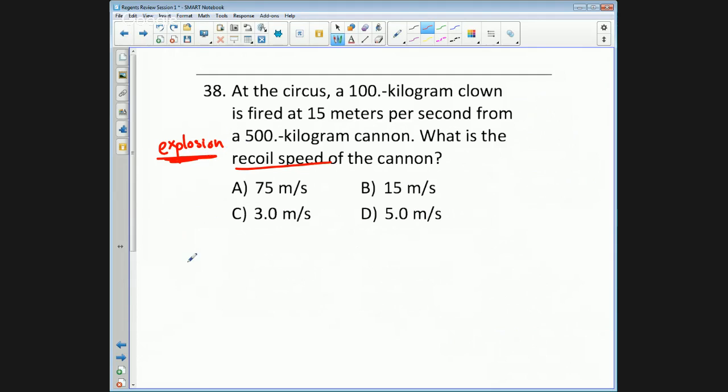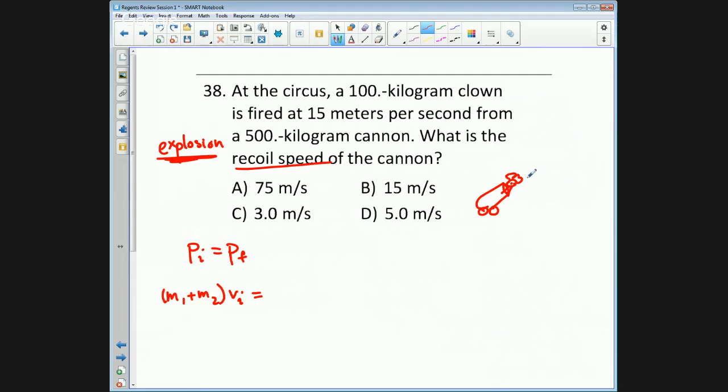This one is an explosion, so it's the opposite of an inelastic collision. If we're talking about the momentum before equals the momentum after, you have the initial, where both masses are together. So m1 plus m2 are together, and they have some initial speed, and then they split off. If you drew a picture, this is the cannon, and here's the clown in the cannon.